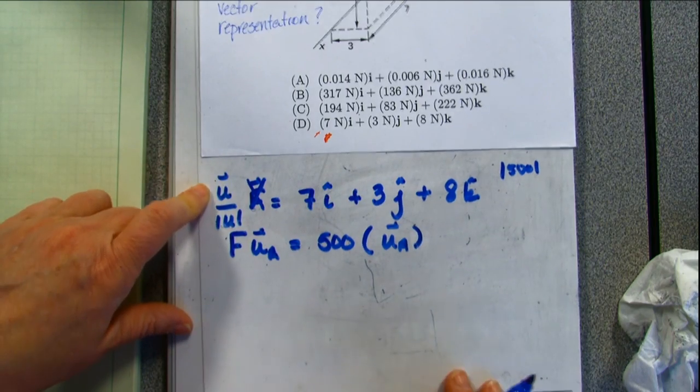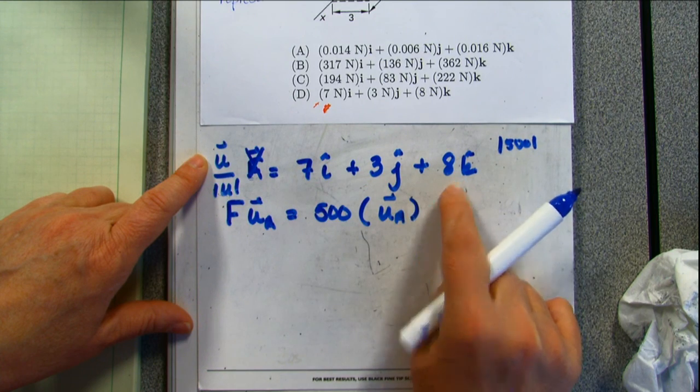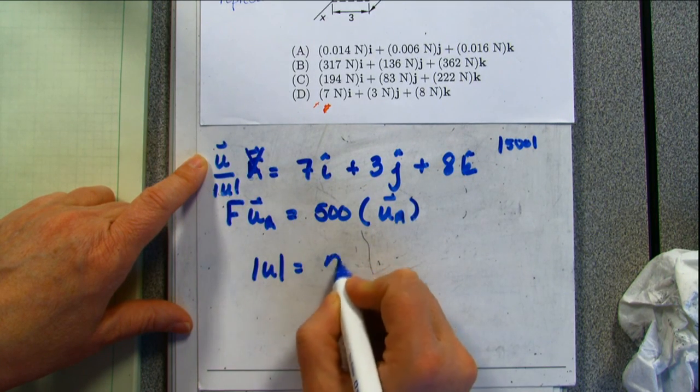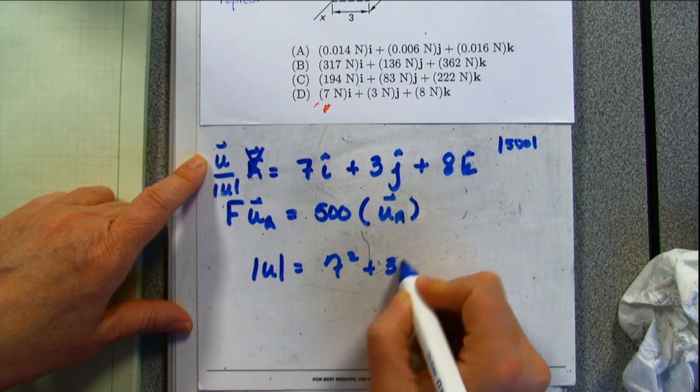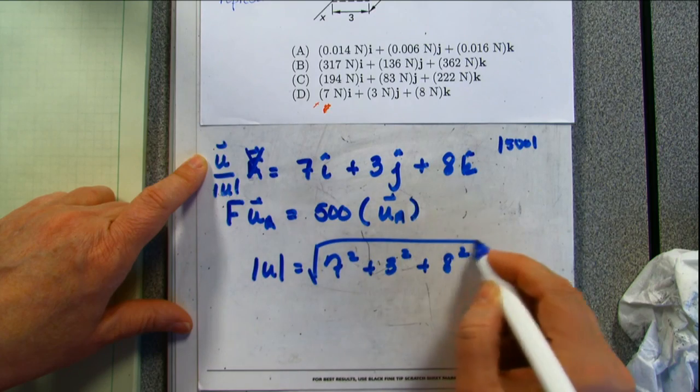So this isn't that, but this, I can take with a magnitude of my unit to get my unit vector. So now, if I know that I'm at a 7 and a 3 and an 8, let's calculate the magnitude. Magnitude is going to be 7 squared plus 3 squared plus 8 squared, square root of all that.